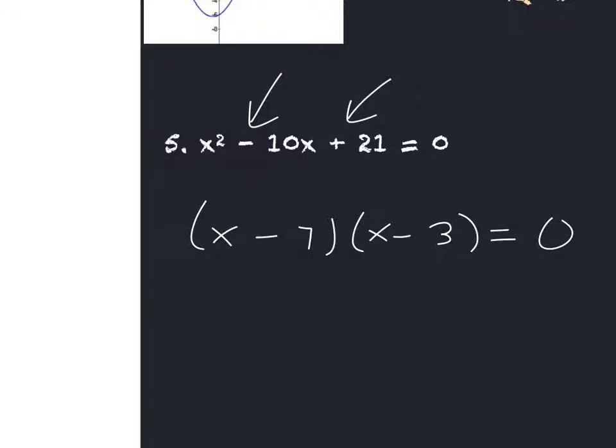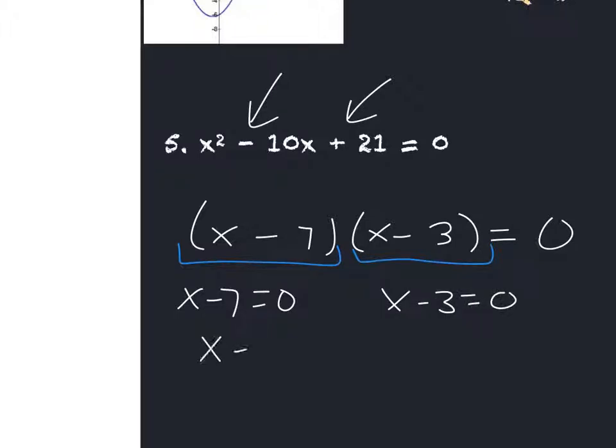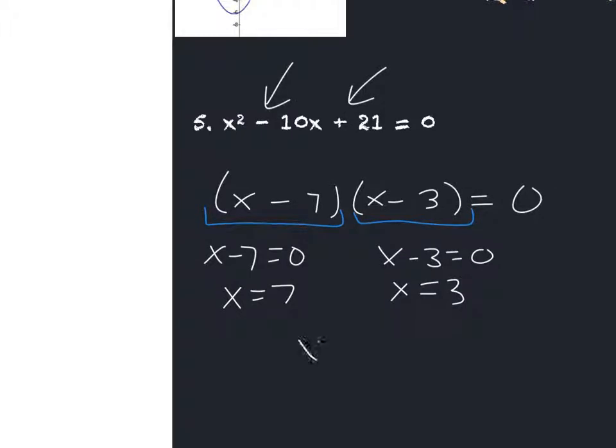Set them equal to 0, and then set each factor equal to 0. So this is going to be x minus 7 equals 0 and x minus 3 equals 0. So that'll be x equals 7 and x equals positive 3. So your solutions are going to be 3 and 7.